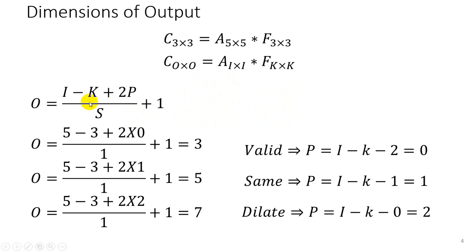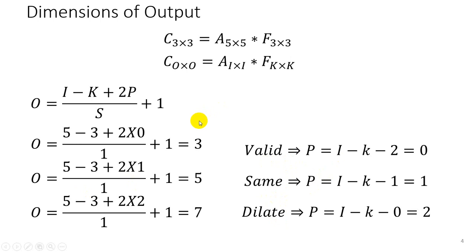So in case of valid, padding is 0, and in the case of same convolution, we keep the output dimensions the same as the input dimensions, and in case of dilate we increase the dimension of the input matrix.